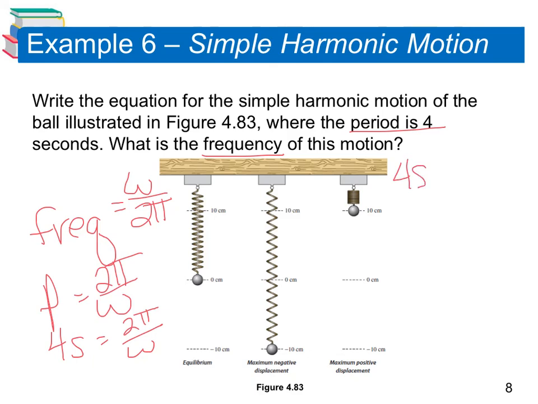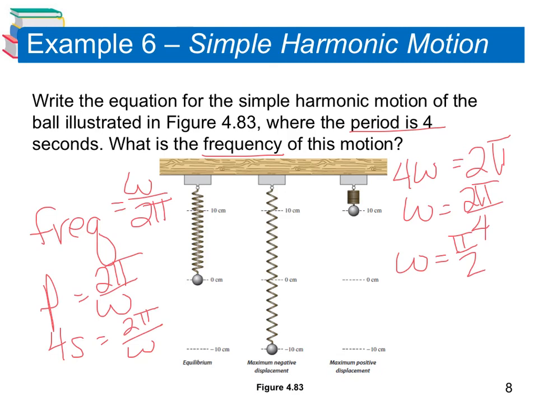Multiply omega over, that's going to give you 4 seconds. Don't really need the S in there. So 4 seconds times omega equals 2 pi. So omega equals 2 pi over 4. Omega is pi over 2.